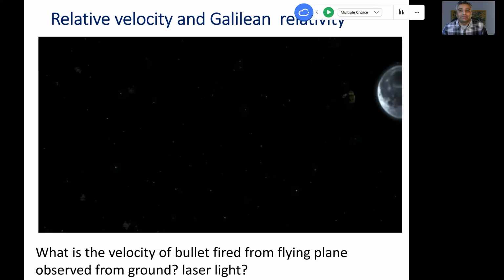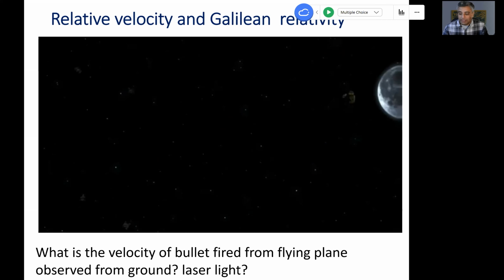So if the speed of light is, we know, 300,000 kilometers per second, and the plane is already moving, let's say, 50 meters per second, should we add those numbers based on the Galilean relativity or classical theory of relativity? Yes.